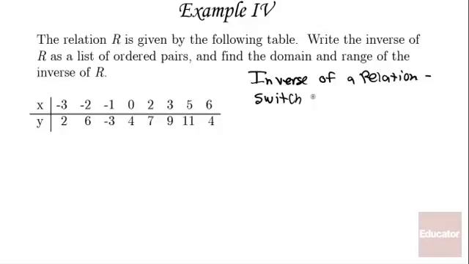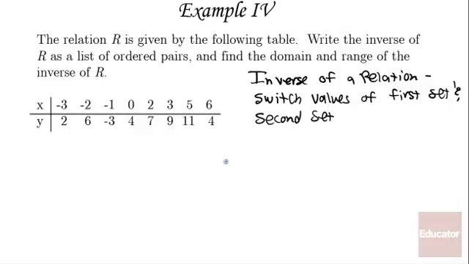You switch the values of the first set and the second set, or switch the domain and the range. So this is R, and in R I have the domain given here and the range given down here.